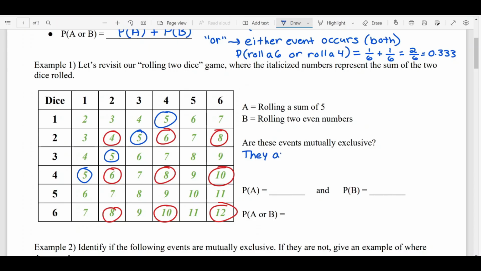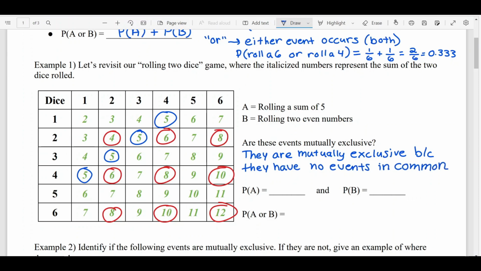They are mutually exclusive because they have no events in common. Okay. So yes, mutually exclusive because they have no events in common.